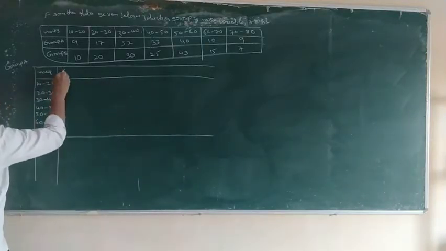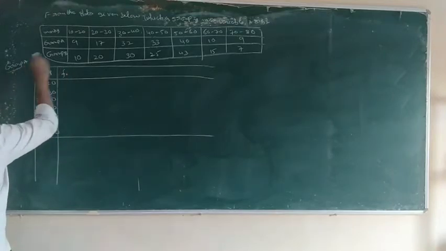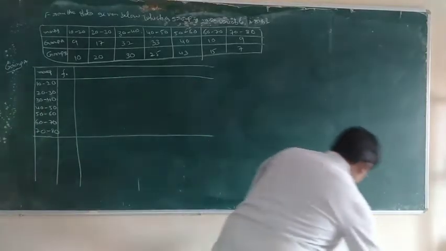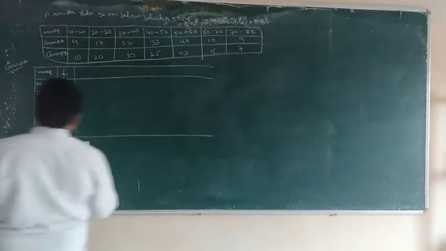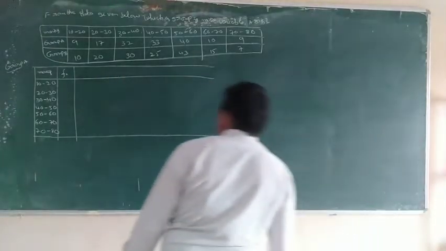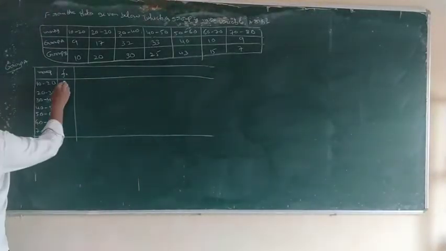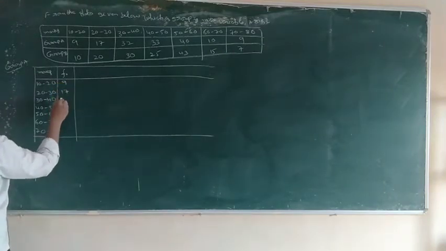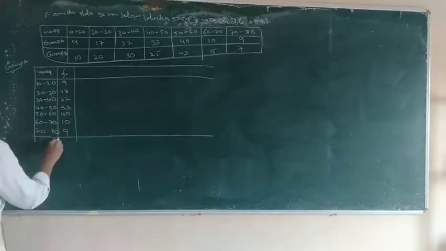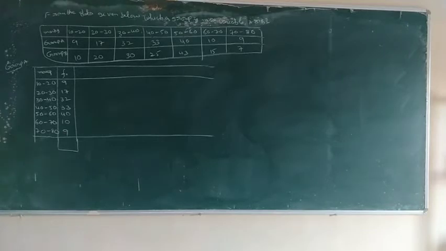Next frequencies, group A. We have to calculate group A and group B separately. Frequencies: 9, 17, 32, 33, 40, 10, 9. The total is 150.